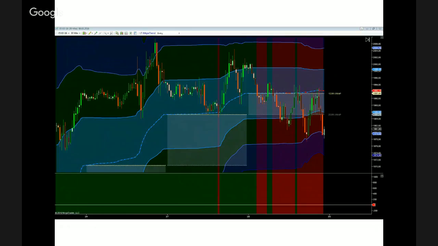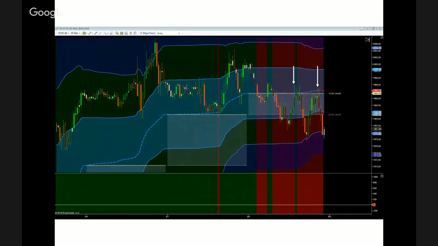So here we see a 30-minute chart of the ES again, the S&P 500 E-mini contract. And as you see here, the price has broken down below the 3-day rolling average, indicating a new downtrend. So the price is retracing back up towards the value area here, and that is then a good area to find short entry points.